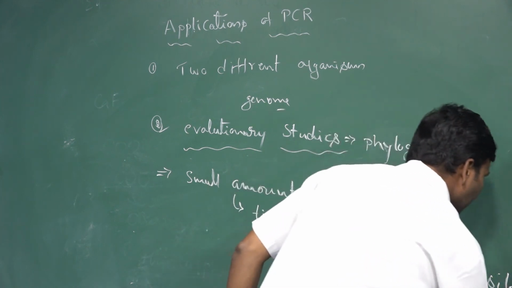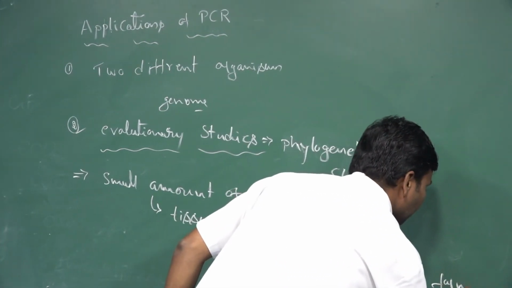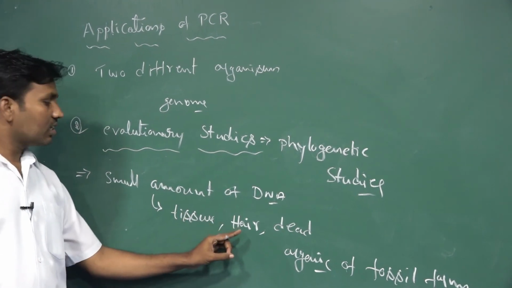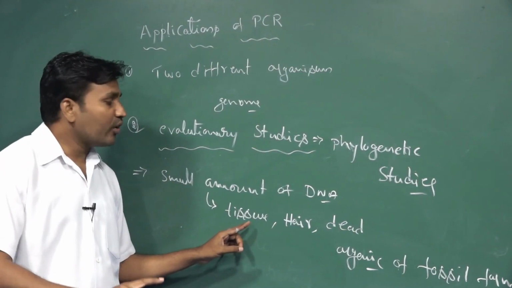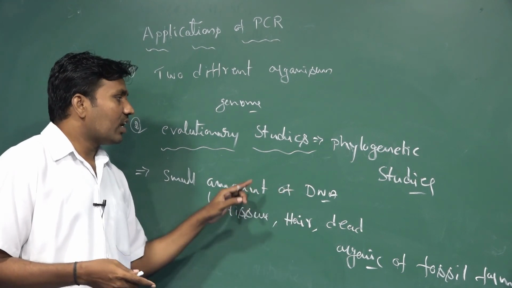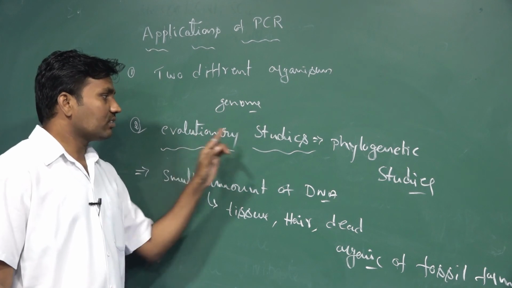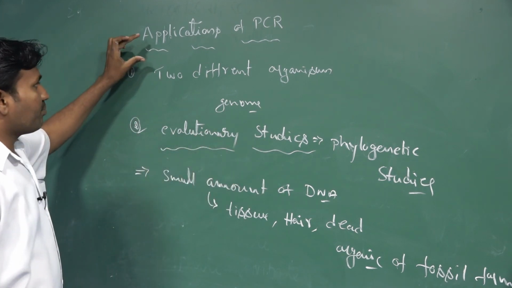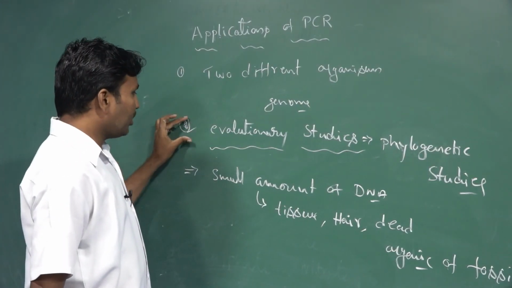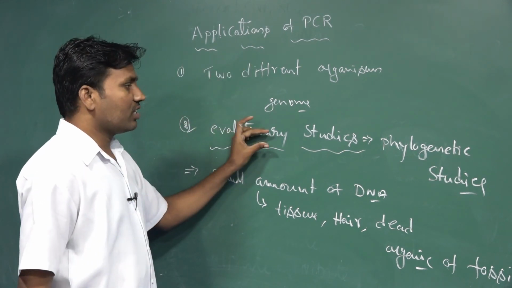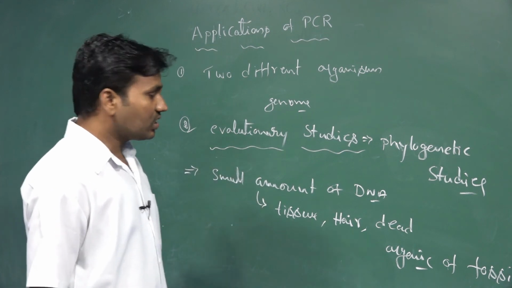From these sources we collect the DNA material, amplify it, and use it in the studies of evolutionary aspects. So like this, PCR is useful for studying the difference between two organisms and for evolutionary studies, that is, the phylogenetic studies.